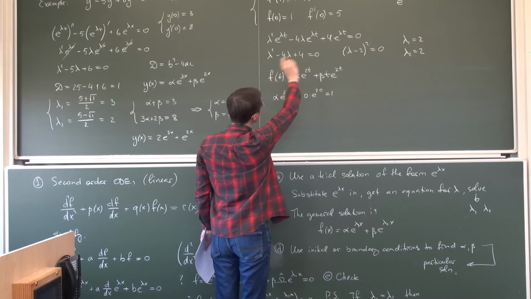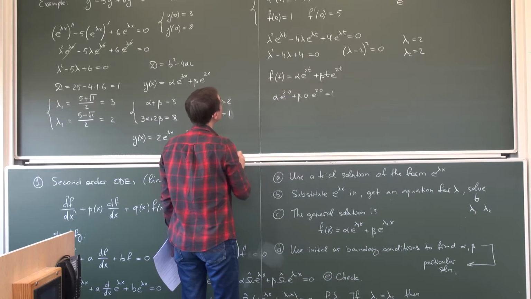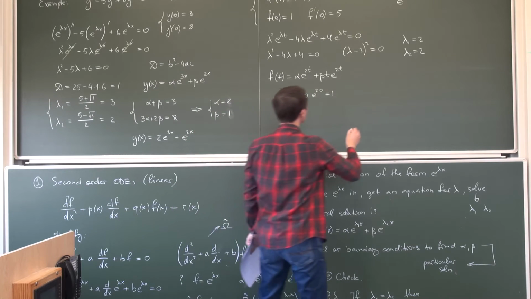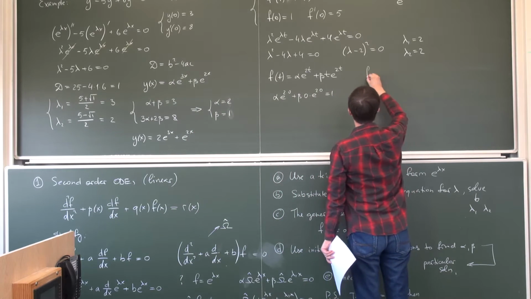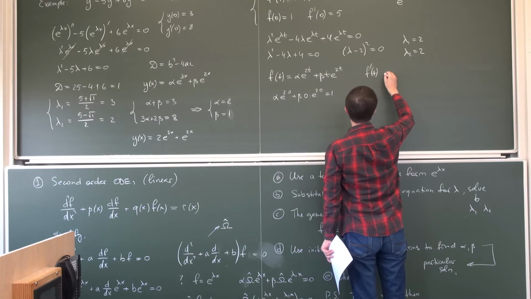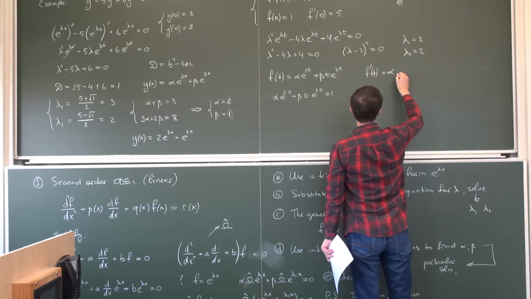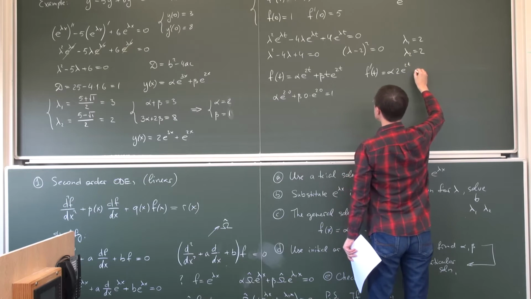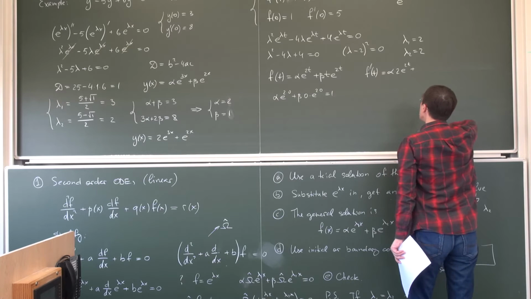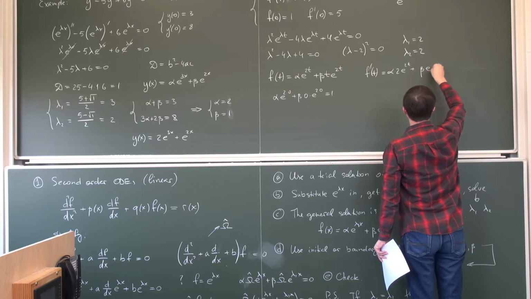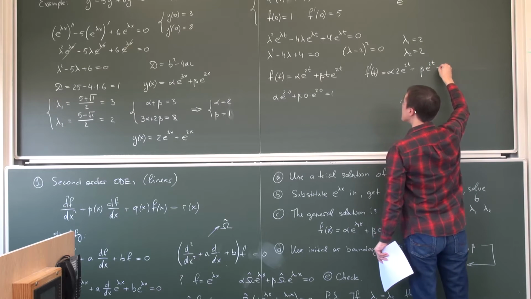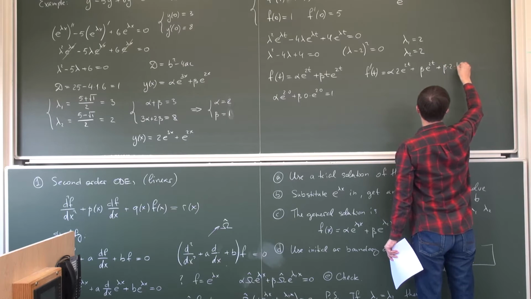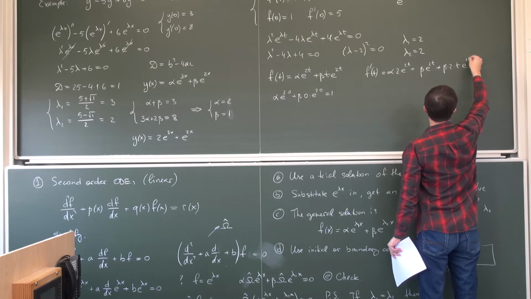And then f prime of 0 equals 5. We will have to be careful about differentiating that. So let's do the f prime separately. f prime of t is alpha times 2 e^2t plus, by the product rule, beta e^2t plus beta times 2 times t e^2t.